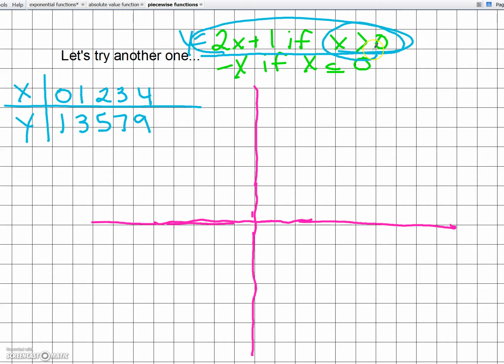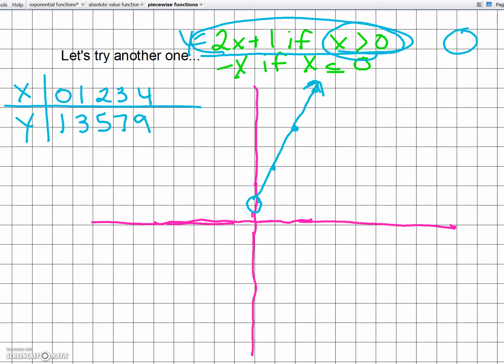It's just greater than, so that means my circle is going to be open on that point. So we go 0, 1, open circle. 1, 3, 2, 5, 3, 7. We're going to stop right there because I don't have room, connect it, and put an arrow on the end of it. That is our starting point.